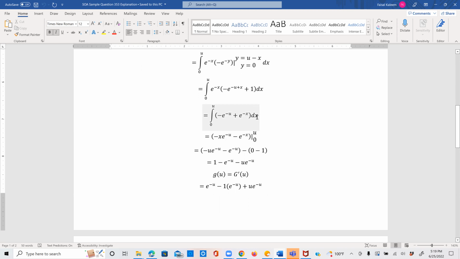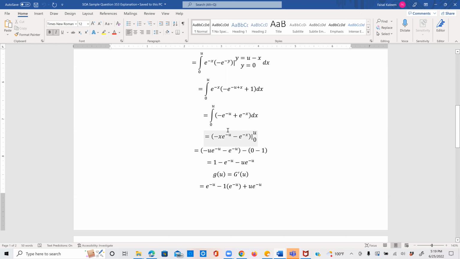And now we integrate this with respect to x, and e to the negative u is a constant when x is the variable of integration. So the integral of any constant is constant times x, so x times negative e to the negative u, and then the integral of e to the negative x is negative e to the negative x. And then when you put the upper limit, u for x, we have negative u e to the negative u minus e to the negative u, and then minus the lower limit.